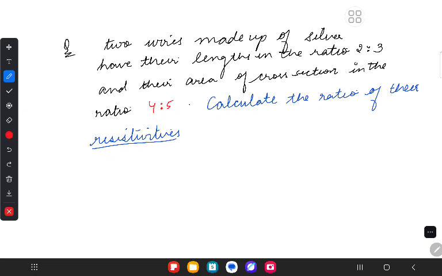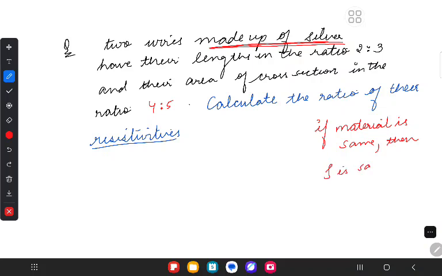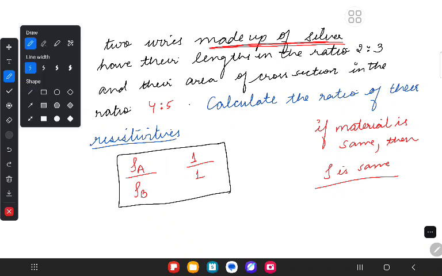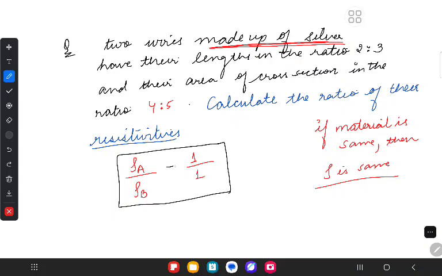Both of the wires are made up of material of silver. तो दोनों की अगर मटेरियल सेम है, if material is same, then the resistivity will be same. तो यहाँ से मुझे रेजिस्टिविटी का रेशियो कितना आएगा? Resistivity of wire A over resistivity of wire B is nothing but what, 1/1. Concept clear? Yes, ma'am. All right, so this is the value.